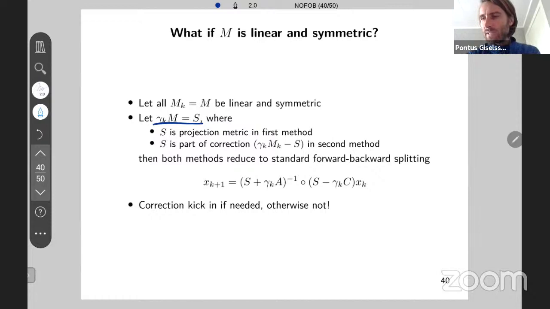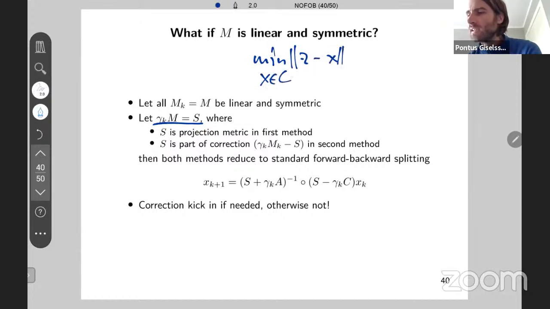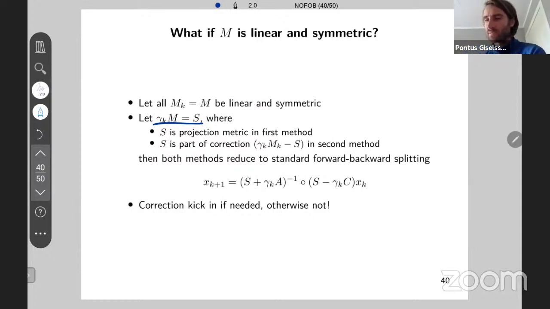So gamma k mk is then equal to S, where S is the metric in which we perform projection. So when we do projection, we minimize the norm of C minus X, with X in C. And here we can choose the metric, which means that we choose the norm in which we perform the projection. And this is free to choose in the first projection method. And we call S the matrix that defines this metric.